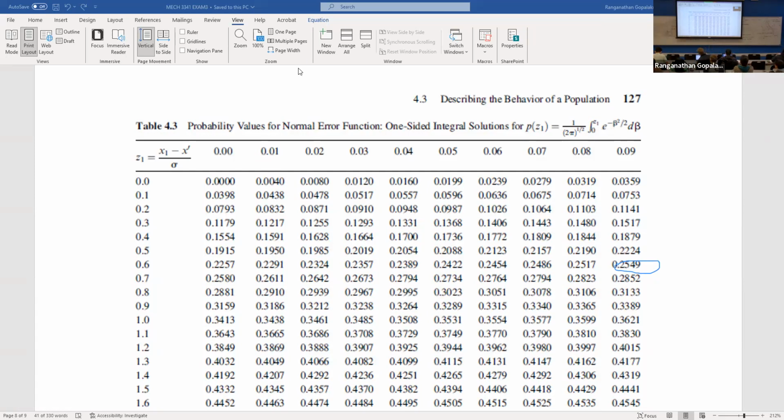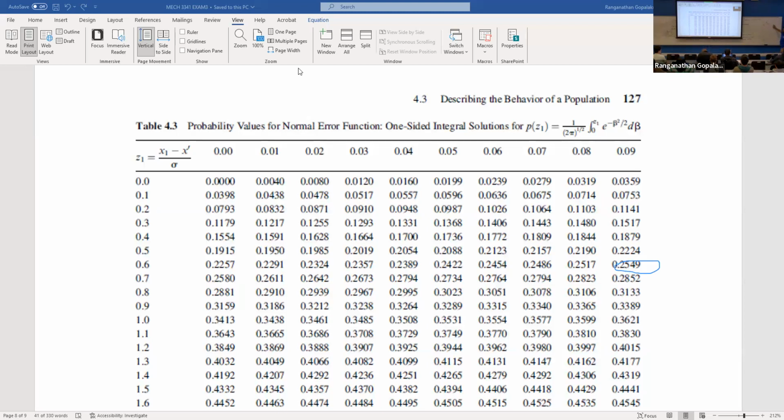All right, so I want you to look up 0 to 1. I'll write it in their notation: integral from 0 to z1 equals 1.0 of 1 over square root of 2 pi, exponent of minus beta squared over 2 d beta.